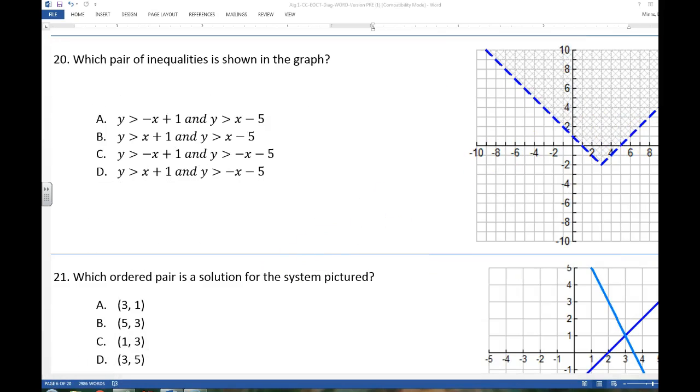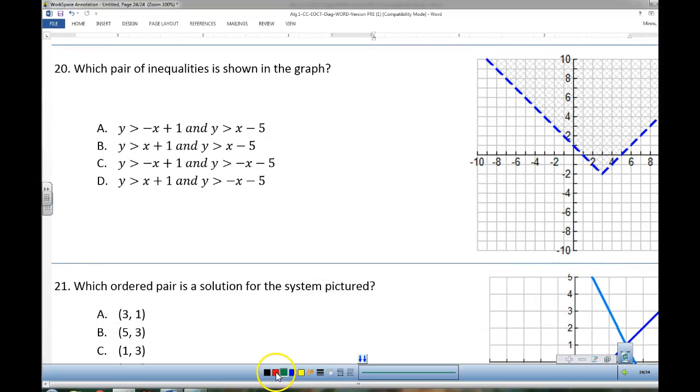Oops, lost my pen. Let's do the first one. What's the equation of this line? Well, I cross right here, and I get another cross right there. So the first thing I know is the y-intercept equals 1. And then I also want to know the slope. What's the slope equal?